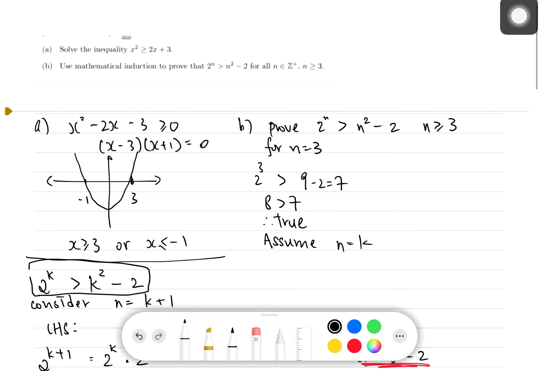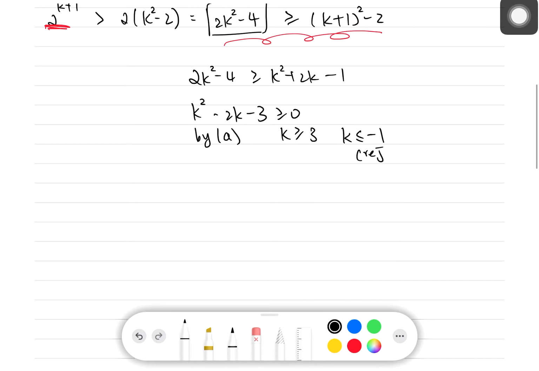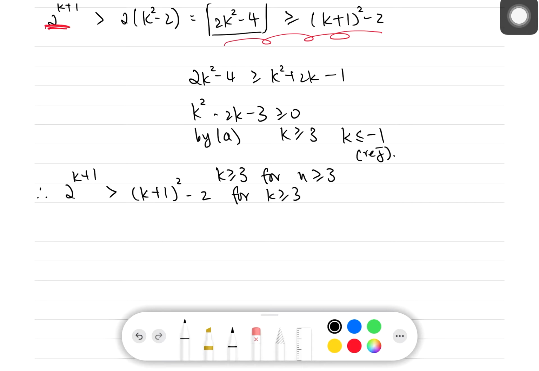Because we are given that n is greater than or equal to 3, the second case is automatically rejected, and k is greater than or equal to 3. Therefore, 2^(k+1) will always be greater than (k+1) squared minus 2 for k greater than or equal to 3.